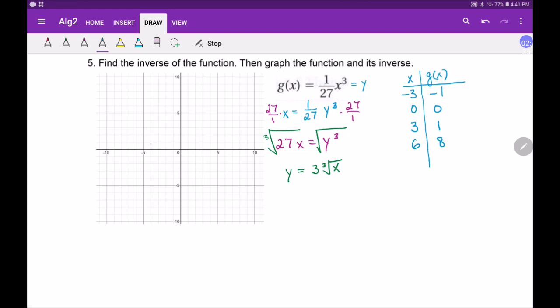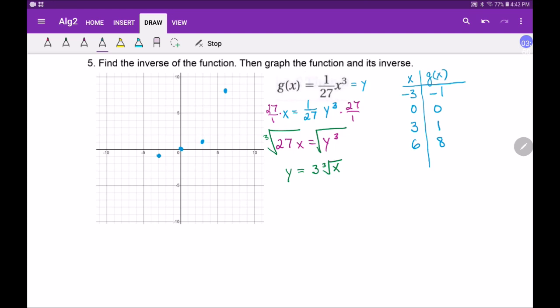When x is negative 3, we're down here at negative 1. When x is 0, y is 0, or g of x. When x is 3, we're at 1. When x is 6, we're at 8. So we kind of see how this is going, right?